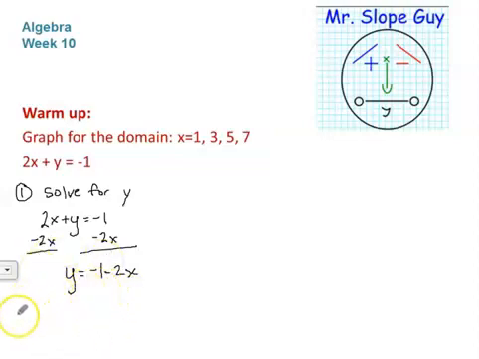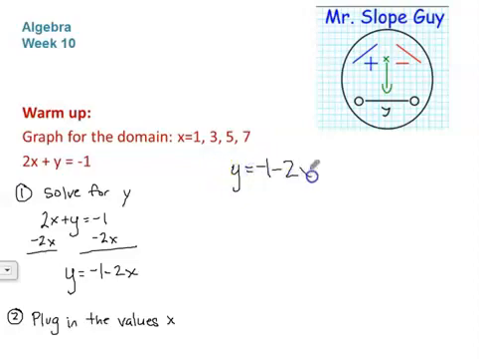Now that we've solved for y, we can plug in the values of x to get our points that we're going to graph. Let's go ahead and do that. Our equation, remember, is y equals -1 minus 2x. So let's plug in x equals 1.